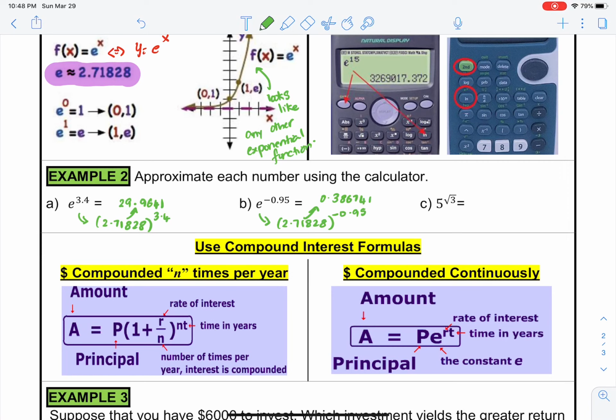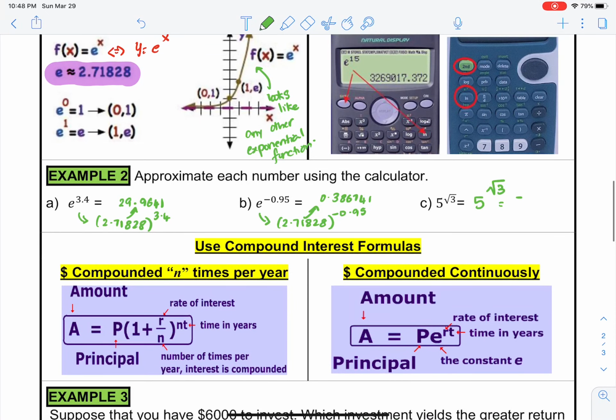And lastly, this is an exponential function, but we have 5 raised to the power of root 3, which is 5 raised 1.732. Typically in a calculator, this is x raised y. So most calculators would have the button as x raised y.